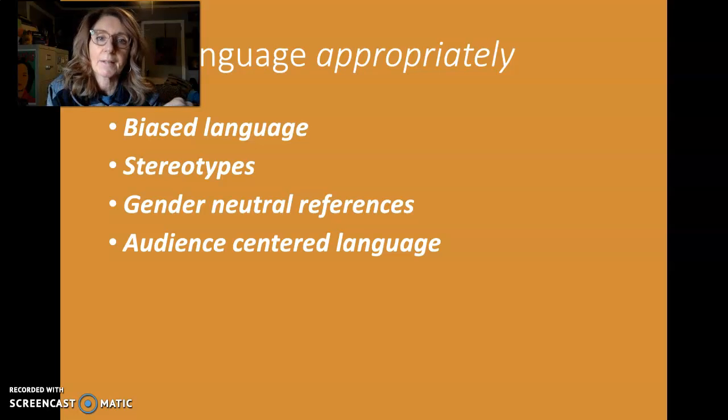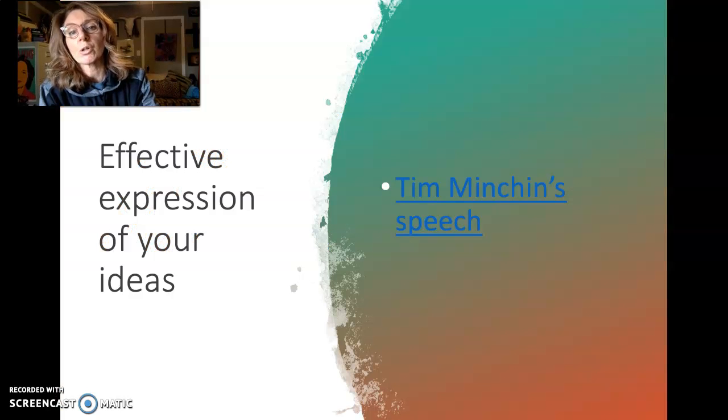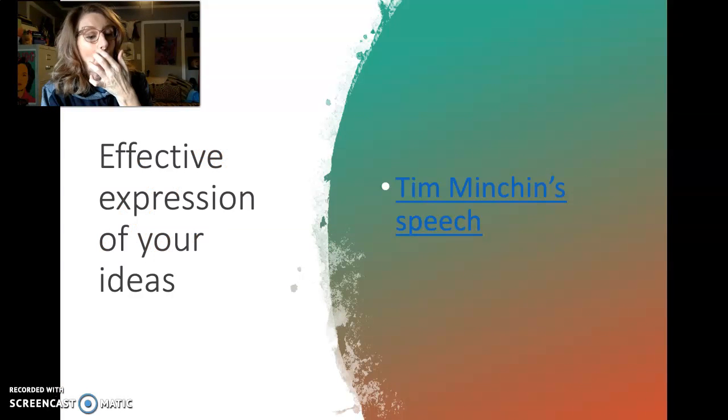So avoid that stuff. Think about your topic. Is your topic going to be of interest to everyone in the class? Is it neutral in things? Okay. So that is the lecture on how to use language as a strategy.